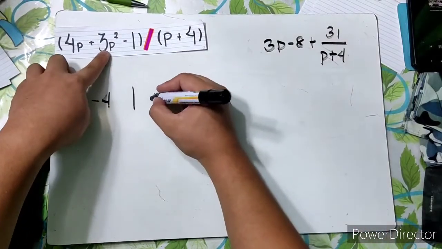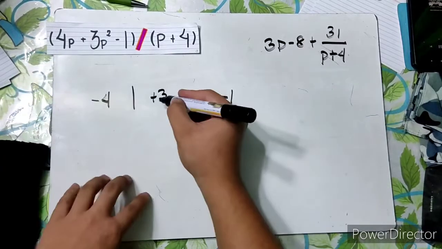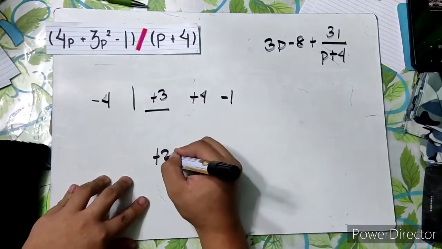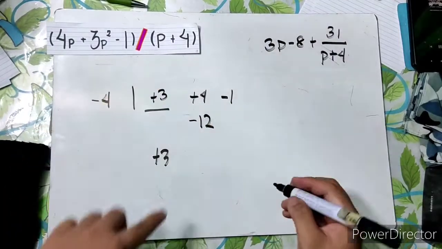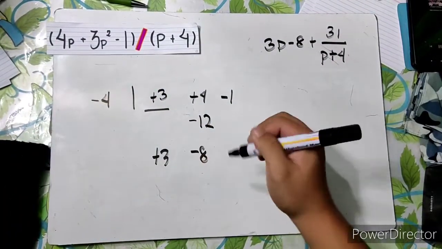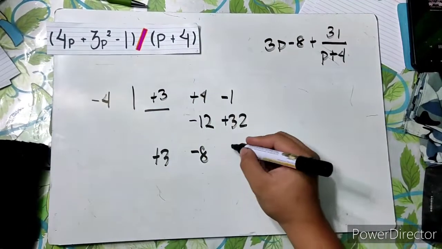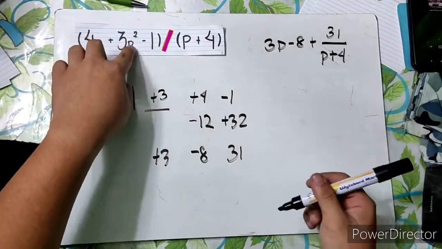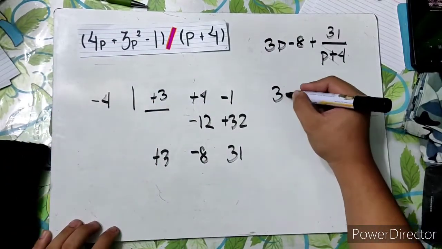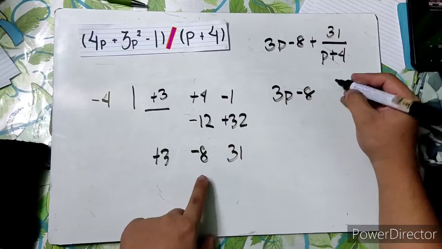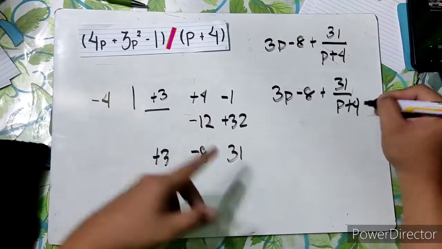So we just need positive 3, positive 4, and negative 1. So just bring this down: positive 3. Positive 3 times negative 4 is negative 12. 4 minus 12 is negative 8. Negative 8 times negative 4 is positive 32. 32 minus 1 is 31. And because we have p squared, the quotient starts at p. So we'll have 3p minus 8 plus 31 over p plus 4.